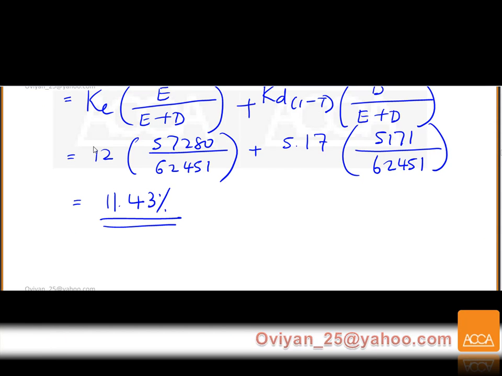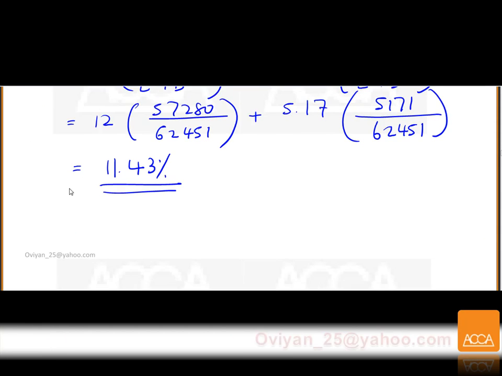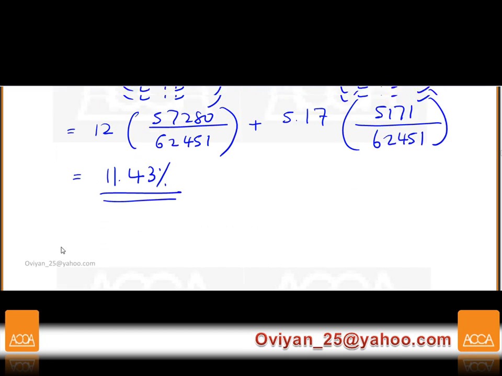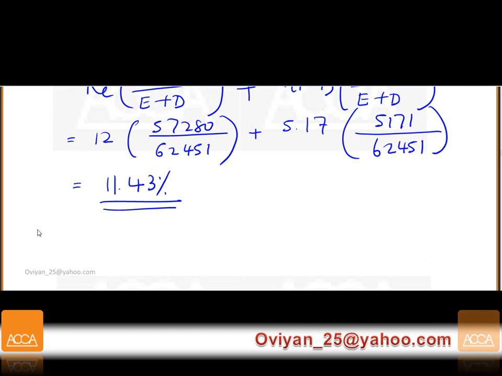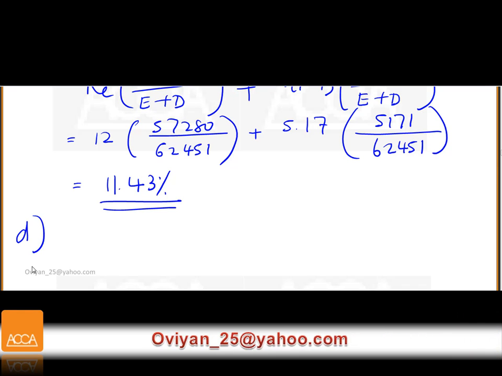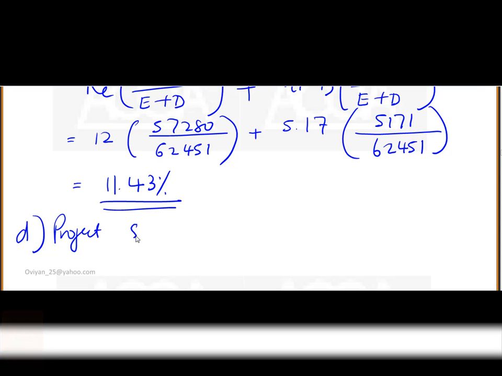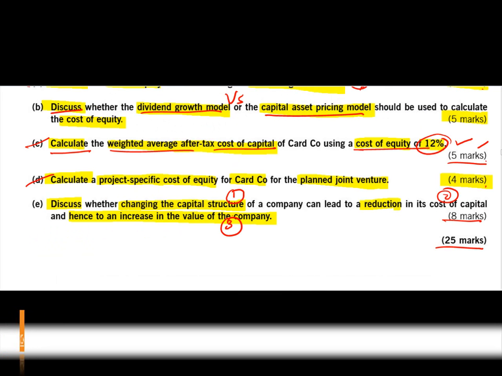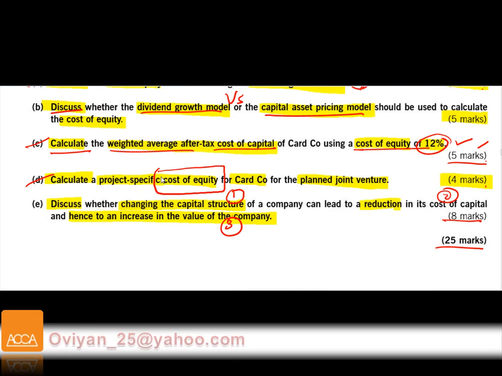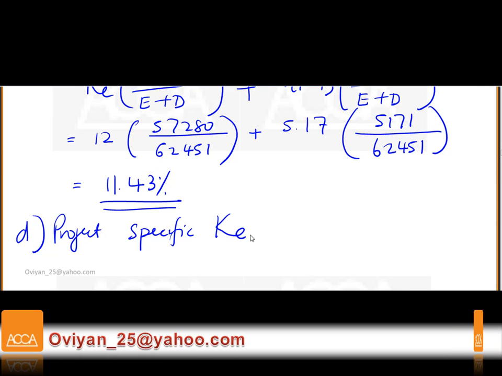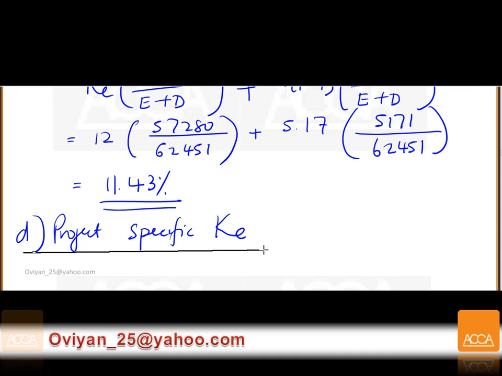We have not read the question properly, but let me just start by saying part D, project specific. It's not project specific WACC, it's project specific cost of equity. So this is project specific cost of equity of the card company.